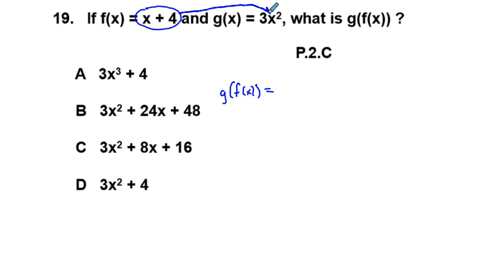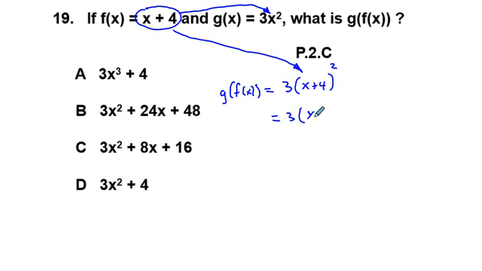So what that's going to be, it's going to be 3, and I'll leave that for x squared. We're going to take that x plus 4 and put it right in here, like this. So now what you need to do is square out this x plus 4, which you can do a number of different ways.